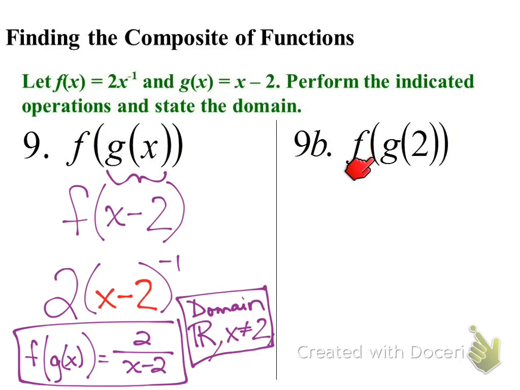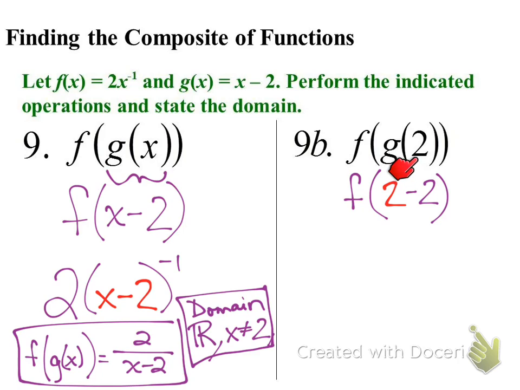All right, now let's see how this is going to be affected if I'm given a number. So I'm going to be given a number first. I'm not multiplying. This is not multiplication notation. I'm plugging in. So I'm going to take 2, plug it into g's function. And then that's going to spit out a number that I'm going to plug into f's function.